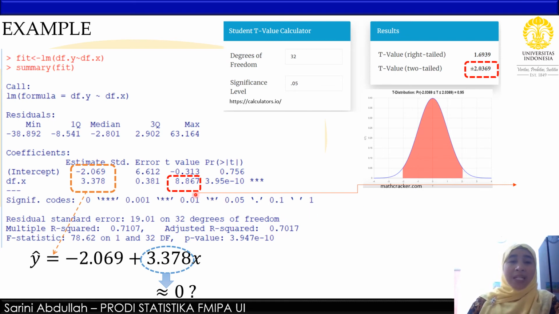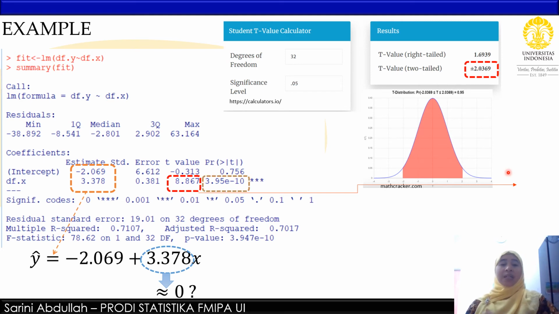And then we see here our test statistic t is 8.867. It lies way beyond here. Okay, so it lies in the rejection region. In that case, we will reject our null hypothesis.